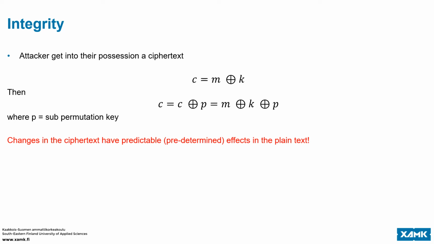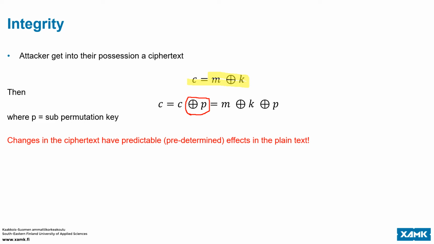So let's say an attacker gets their hands on a ciphertext. Well, we all know how that ciphertext was formed. It was formed using this formula, the message XORed with a key. What if we generated a sub-permutation key, P, in here, and then append that to the ciphertext by using the same XOR operation?